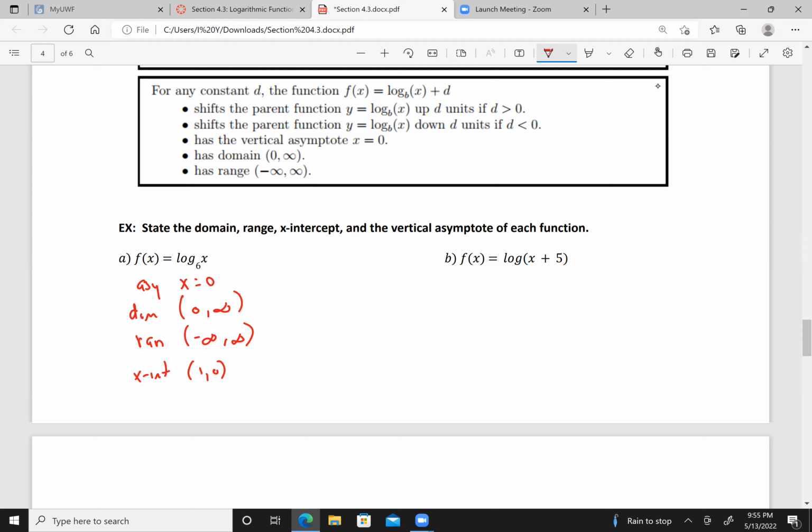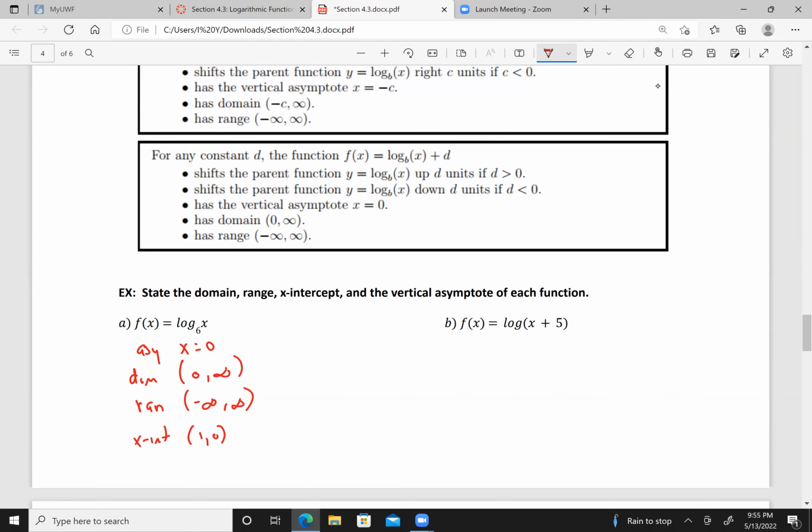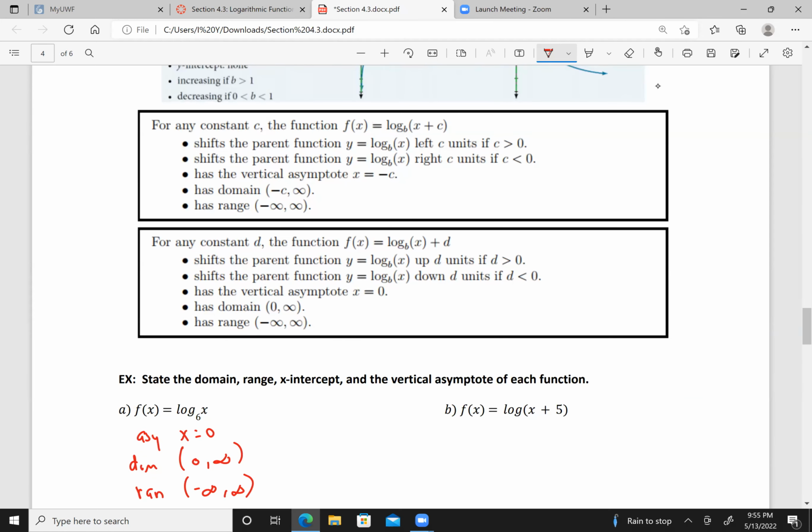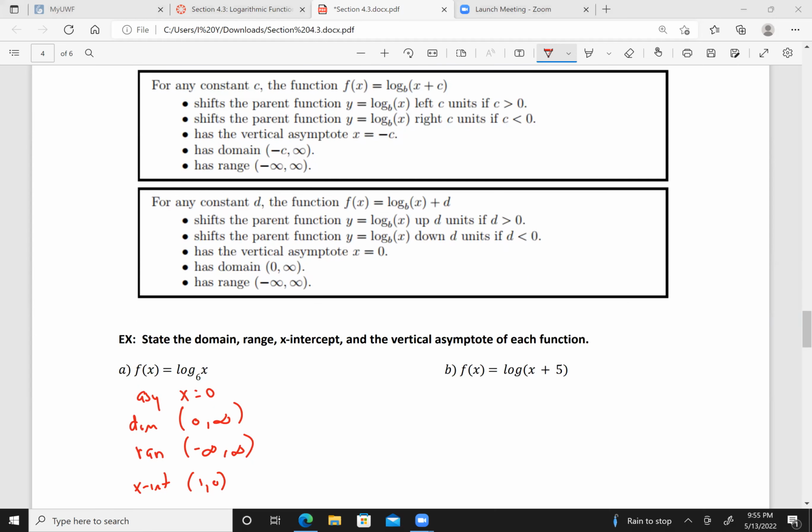So now what do we have? Within the parentheses, 5 is positive, so we're shifting left 5 units, which means our asymptote is x equals negative 5. Our domain is now negative 5 to infinity.